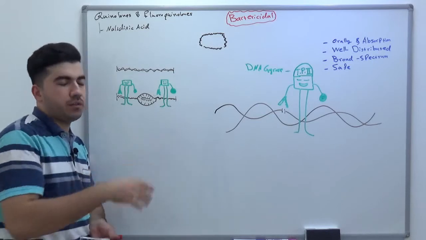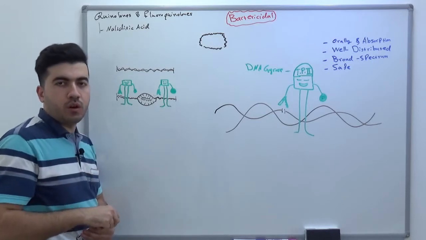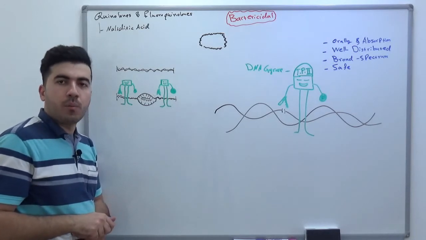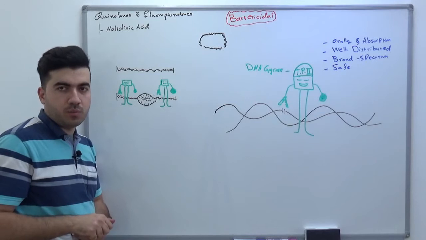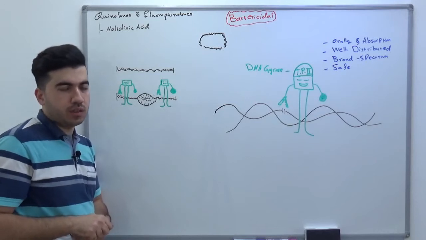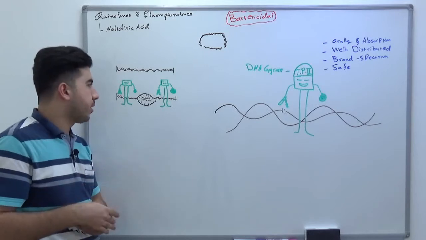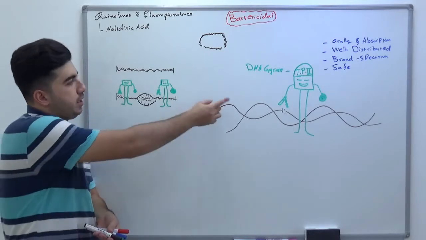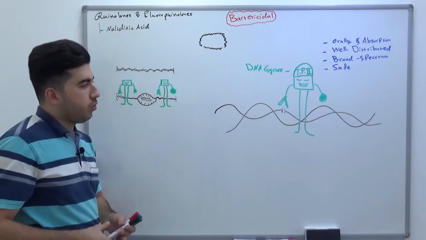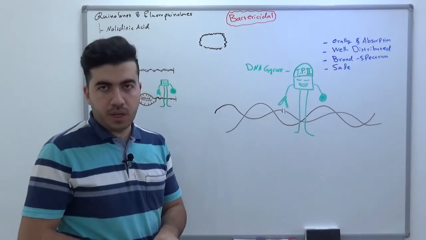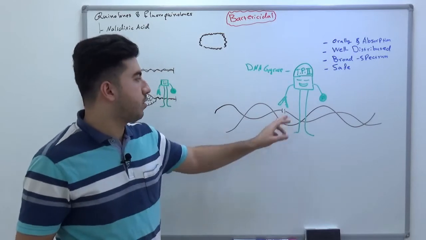The other part of the double-stranded DNA will be over-twisted, or we can say supercoiled, or sometimes it's called positive supercoiled. Positive supercoiled means it's over-twisted, and more wrapped around each other. Now the DNA gyrase or the topoisomerase will come to here and make a break in one of the strands, and after making this break, there will be free ends of the DNA.